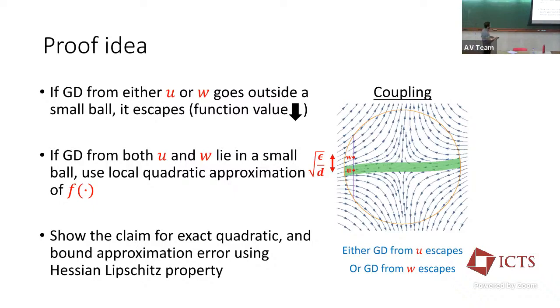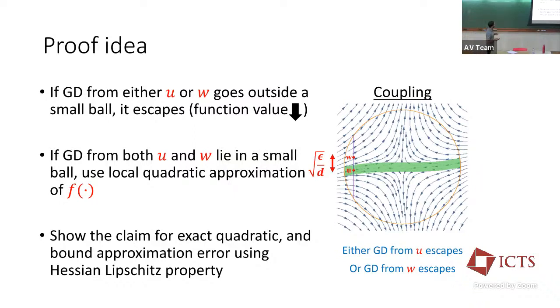And then once we show it for the exact quadratic, we can bound the approximation error between this quadratic approximation and the actual function within this small ball, because this guarantees that we are only within the small ball. For that, we use the Hessian-Lipschitz property and the fact that we are only concentrating on iterates in a very small ball. Okay, so roughly, this is the intuition for why at least one of u and w has to escape when we do gradient descent.